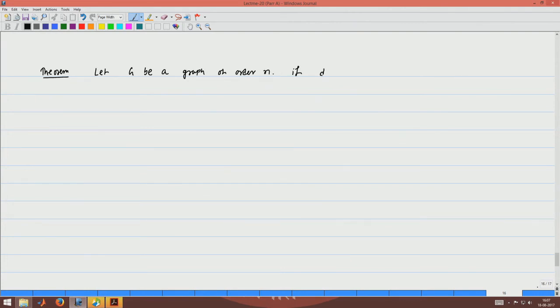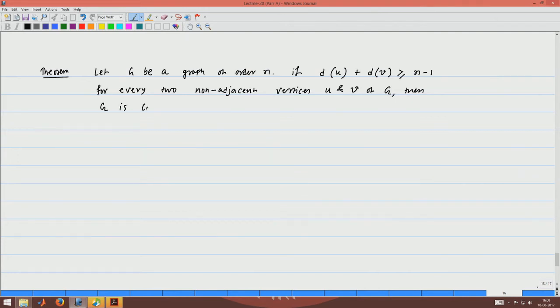If the degree of u plus the degree of v is greater than or equal to n minus 1 for every two non-adjacent vertices u and v of G, then G is connected.